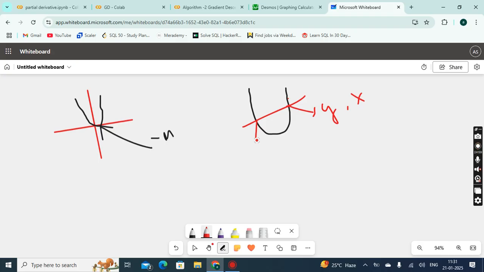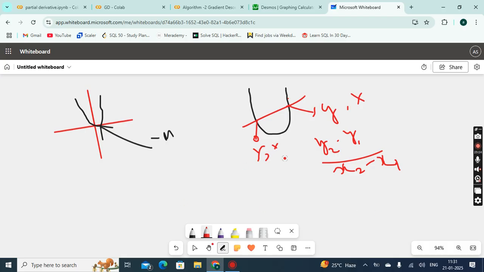Similarly, this point will also have one y value and one x value. So how do we calculate the slope? It is y2 minus y1 divided by x2 minus x1.